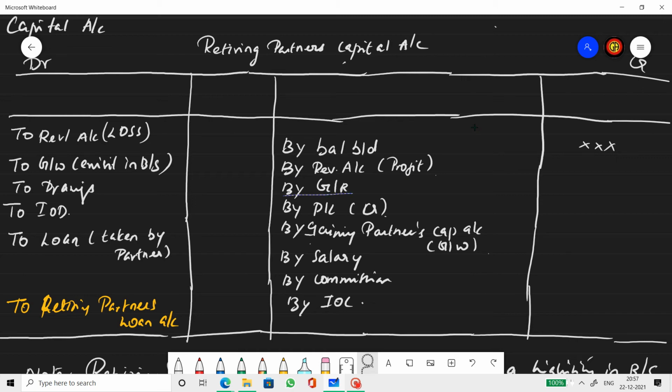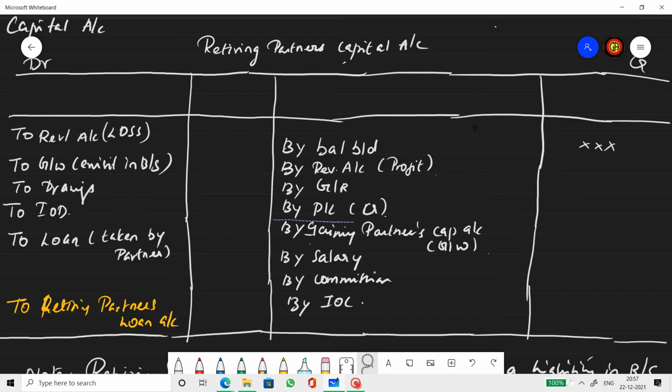By general reserve. So if there is any general reserve or any other reserve, it will normally be transferred to all partners' capital accounts in OPSR, hence the retiring partner will also get his share of general reserve. So this is that posting by general reserve, transfer of general reserve.